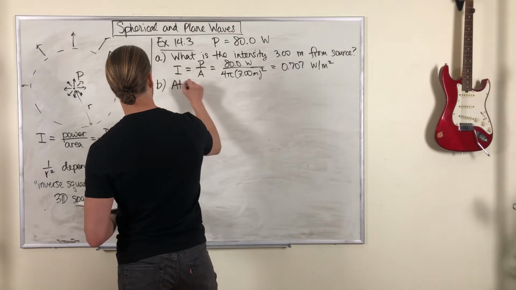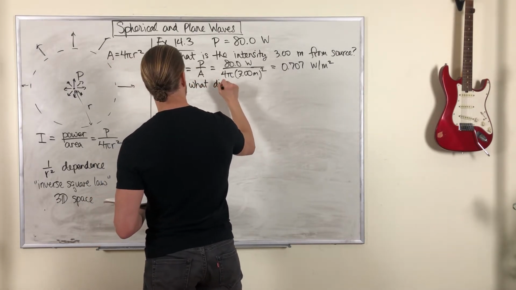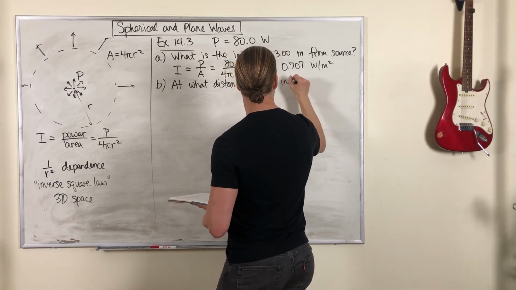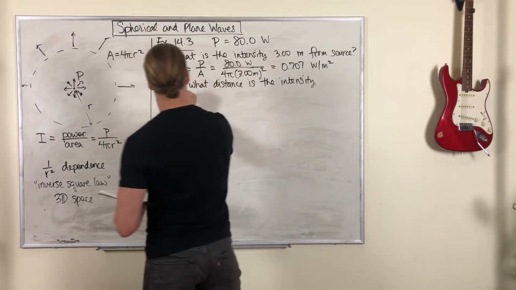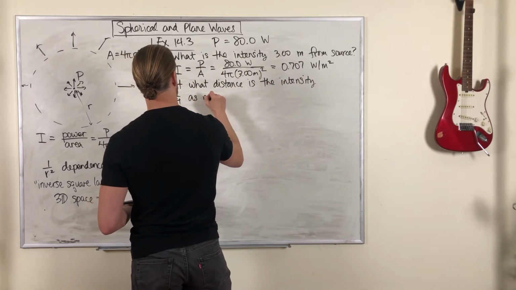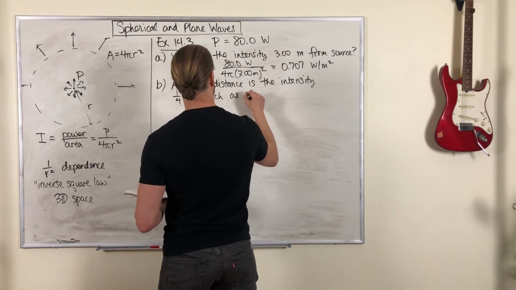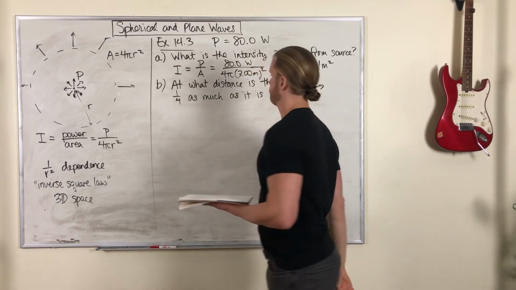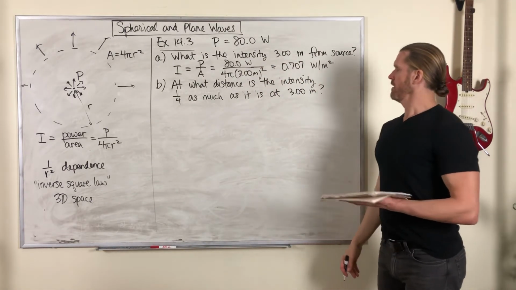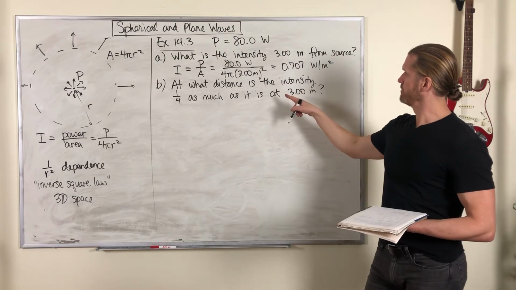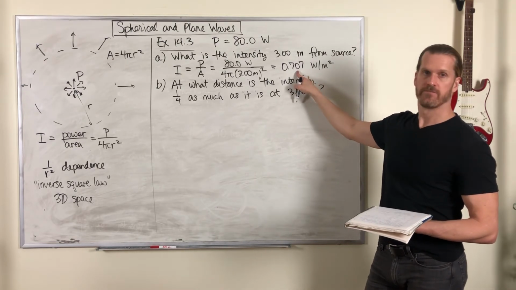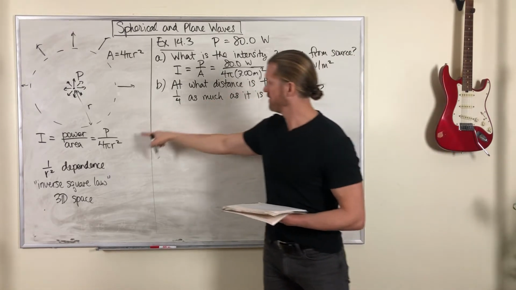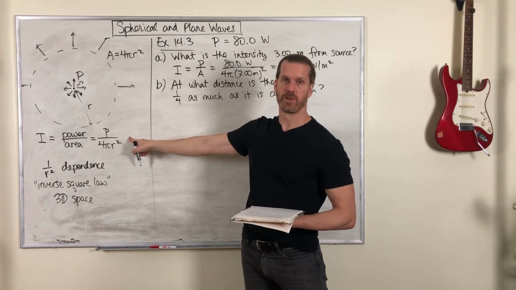So the hard way would be taking this intensity, dividing it by 4, and then solving this equation for R.